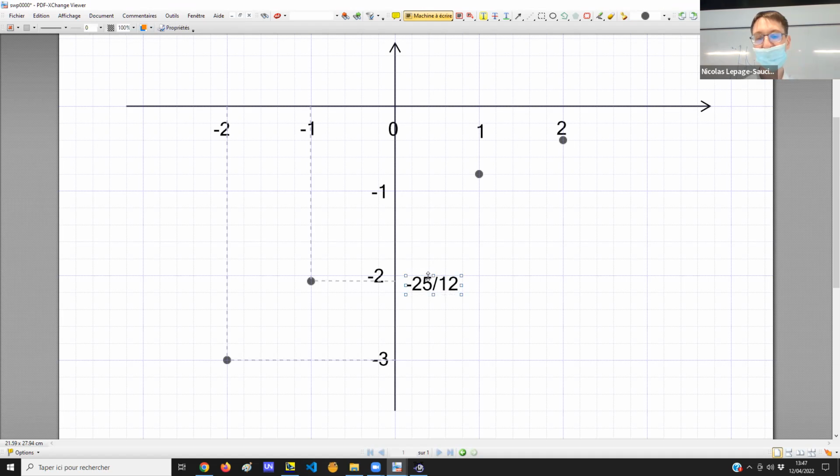Or you can write the decimal places, but I think it's better to write it this way. This would be -1/4. This would be a bit higher.